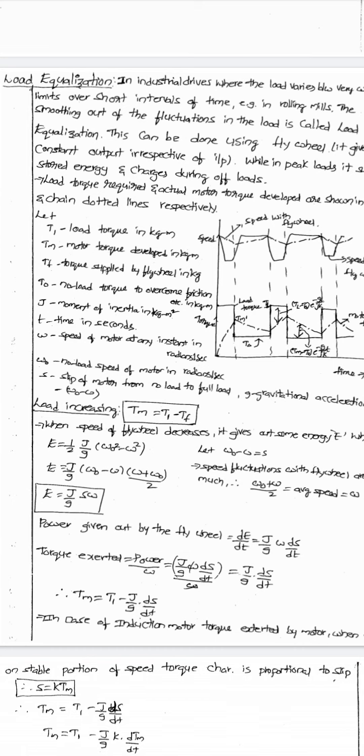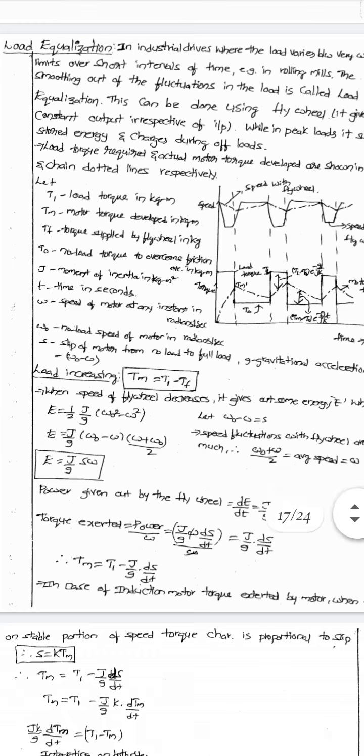Without fluctuation, the motor is simply called load equalizing. After that equalized load, the derivative part is considered as a load increasing case as well as a load decreasing case. If the load is increasing, then what is the expression here? Considering some parameters, based upon those parameters we need to consider the increasing and decreasing values.